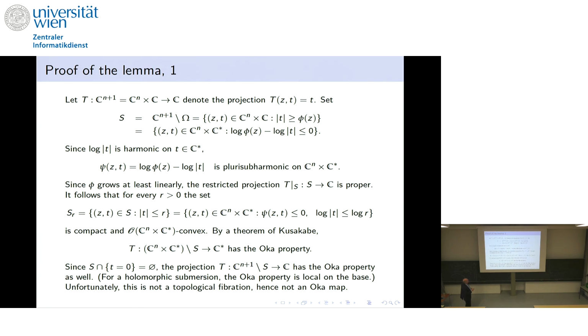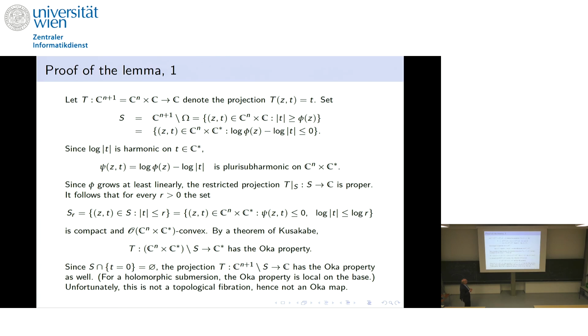Phi is now plurisubharmonic, so actually even log phi is plurisubharmonic. This function minus log of t is harmonic where t is non-zero. So this on the left side is a plurisubharmonic function, which I call psi now. This is plurisubharmonic. So again, S is defined as a sublevel set of a plurisubharmonic function.